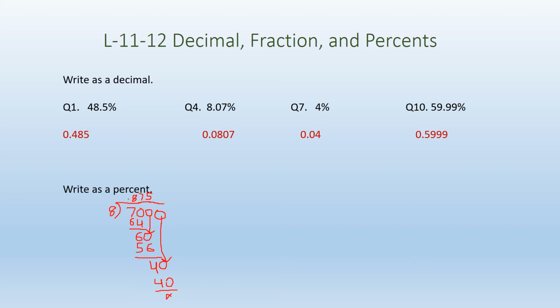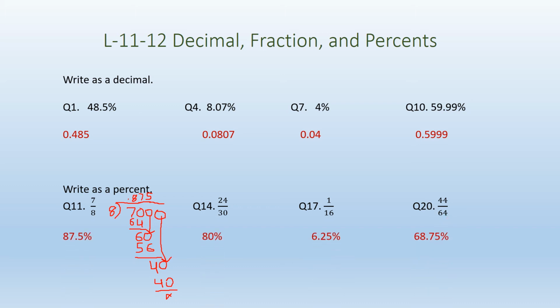Again, the next question is write as a percent. Then you can see here question number 11, 7 by 8. The same method, using the long division method. 7 is divided by 8, and in this one 24 is divided by 30, in this one 1 is divided by 16 and 44 is divided by 64.